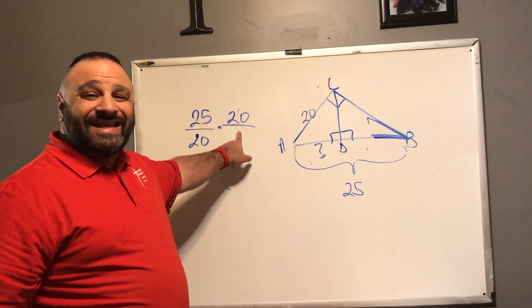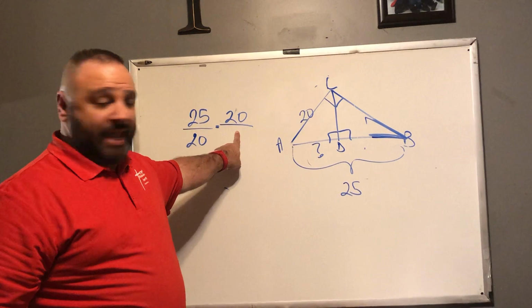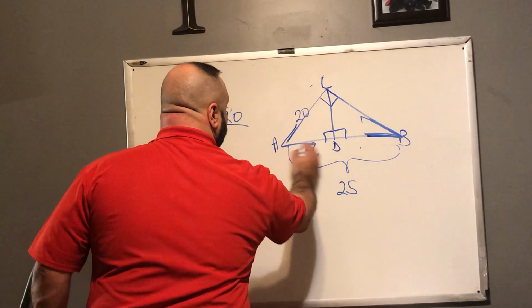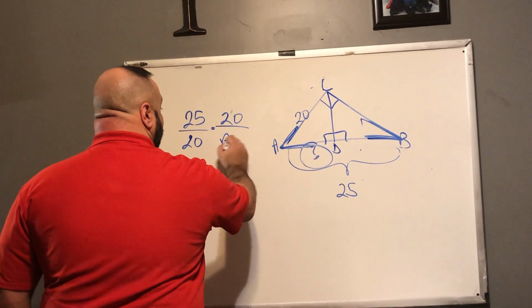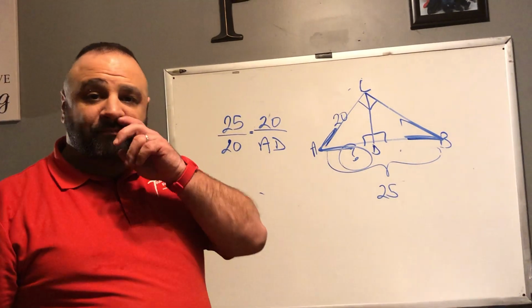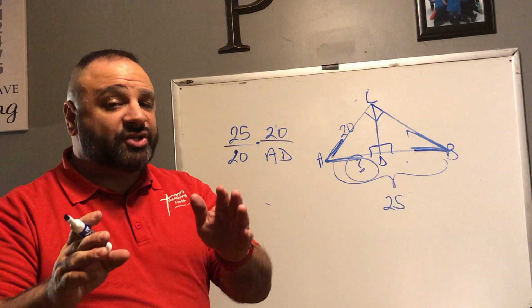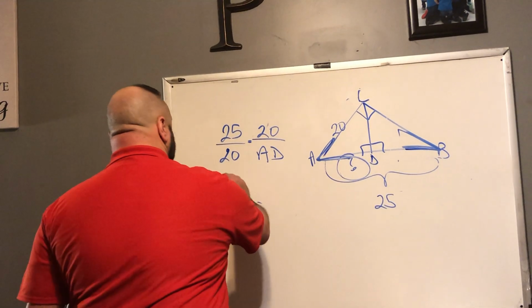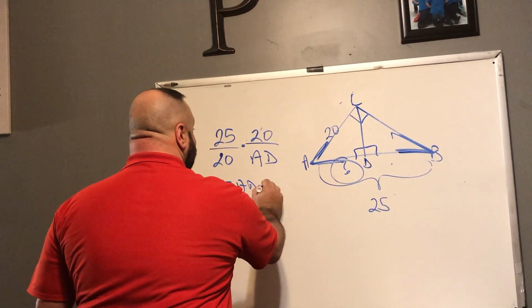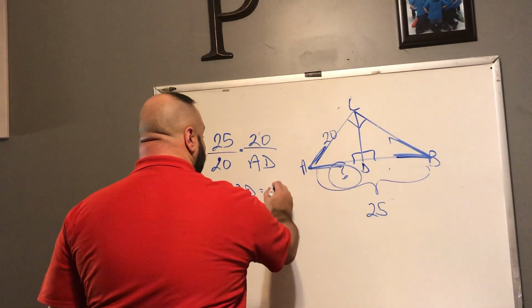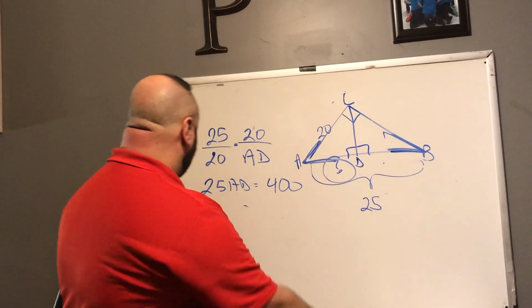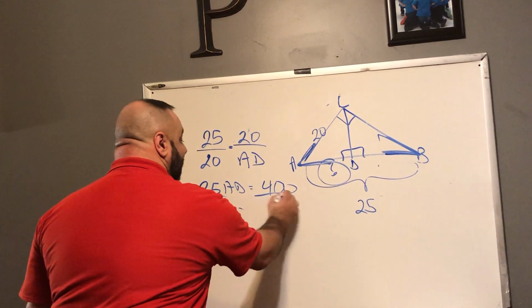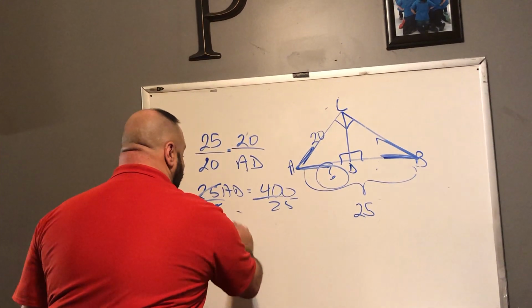And then number 4 is the segment that is adjacent to the leg, which we don't know. That we'll call AD. Let's multiply. Product of the extremes, use the product of the means. So 25 AD is equal to 20 times 20 would be 400. We're going to divide both sides by 25 to get AD by itself.